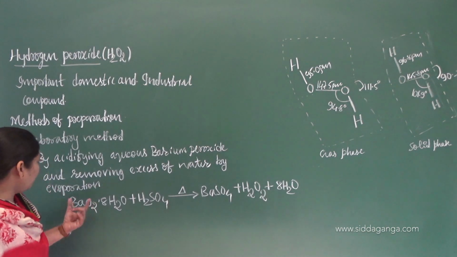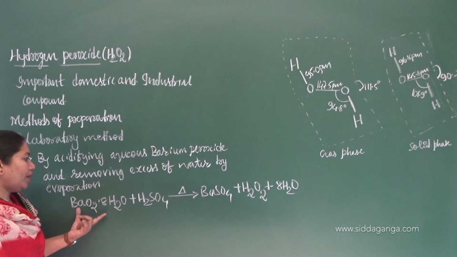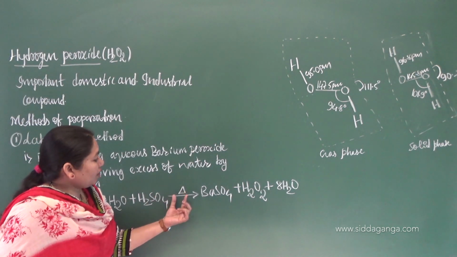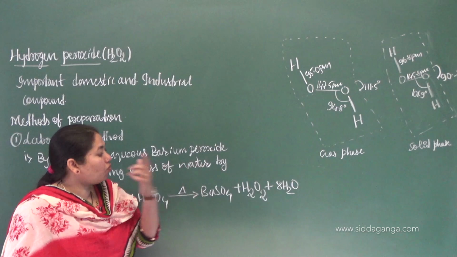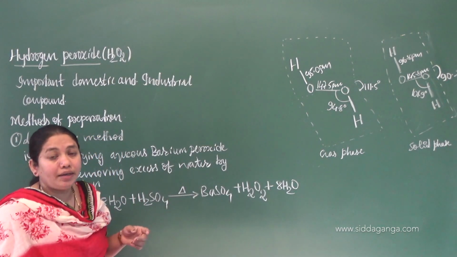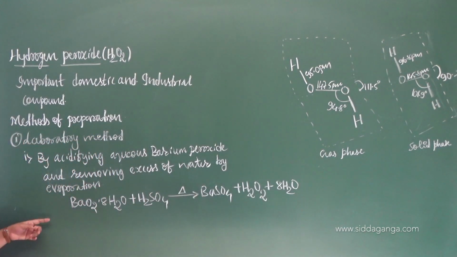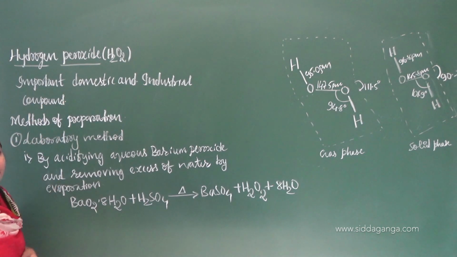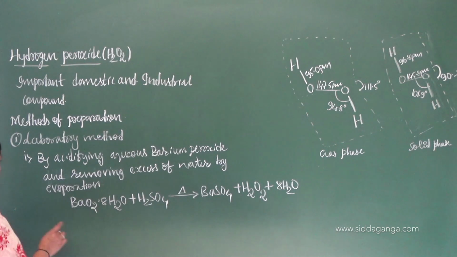So very simple process where the barium peroxide is acidified and then heated to remove the excess water present, right? That is the first method for the preparation of hydrogen peroxide, which is a very important compound.